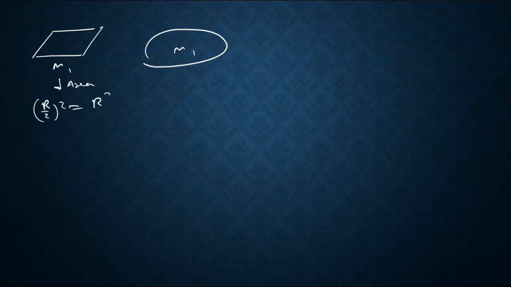in this case, this is m1, and in this case, this is m, right? So the area of this lamina is (r by 2) the whole square, equals to r square by 4, right? And in this case, the area is equals to pi r square.